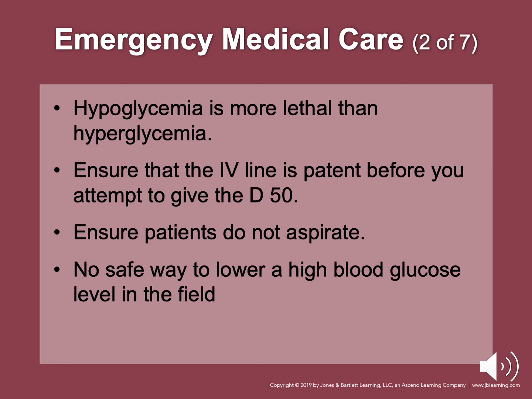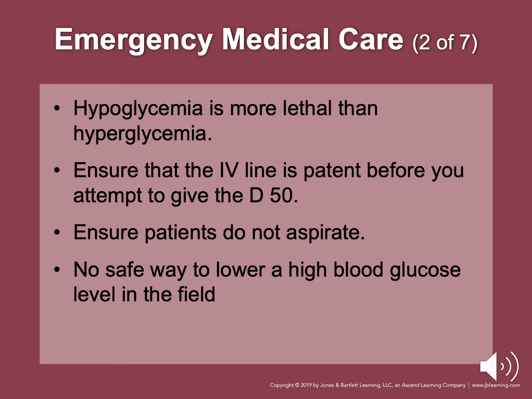When you start administering intravenous dextrose in the form of D50, establish IV access with a large bore catheter within a large vessel, because D50 is quite thick and viscous.